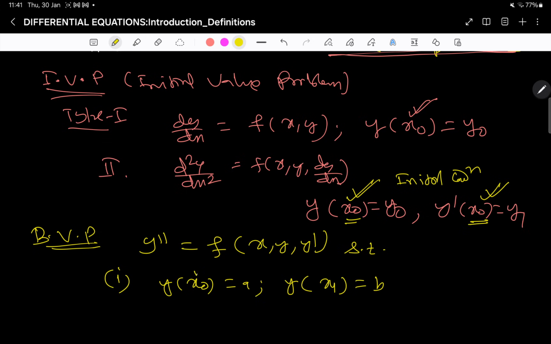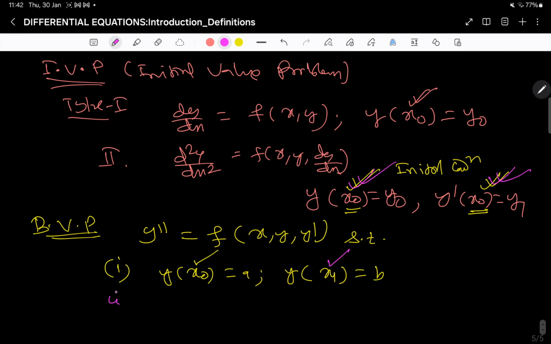You see, this condition and this condition are different, but in IVP these conditions are the same. Or it may be y(x0) = alpha and y'(x1) = beta. You see, this is x0 and this is x1. It is y and it is y', no issue.